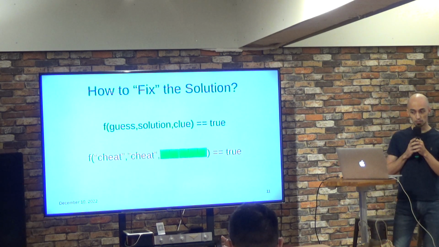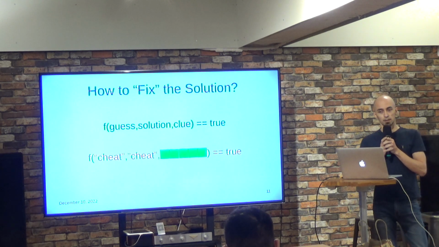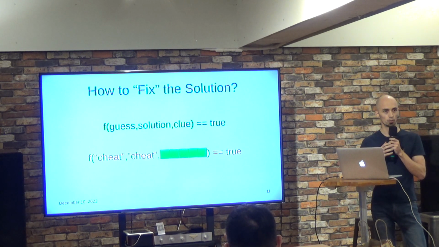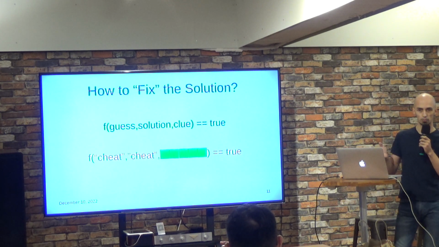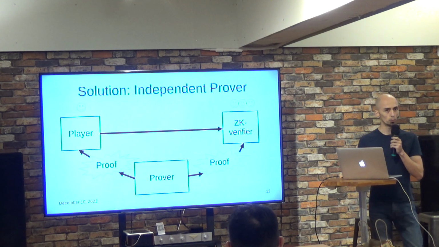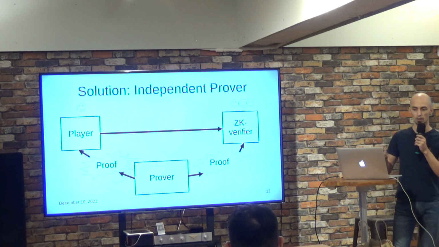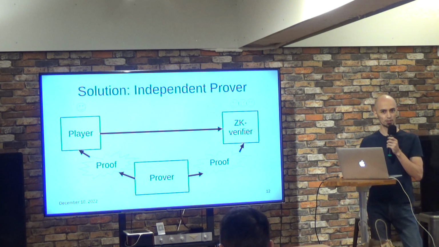So maybe in this case, the prover should be some independent third party. We could run the prover somewhere else, and then we can prove the game stats to others, but to the player as well.